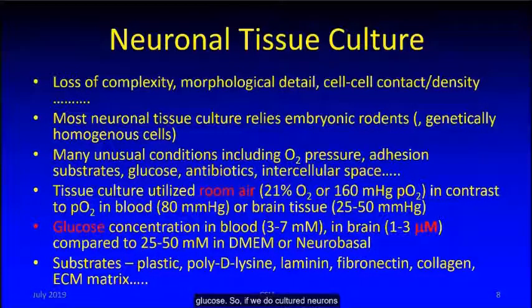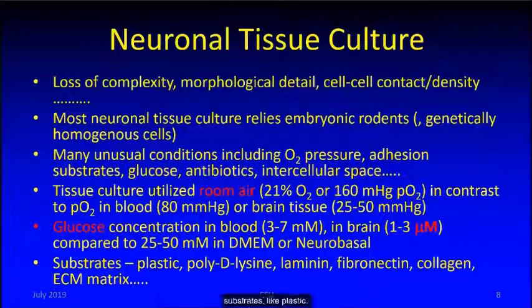So if we do cultured neuron experiments, we have somebody with a severe hyperglycemic shock combined with massive oxidative stress, and that is our basal condition. That's our control. So you wonder how compromised our results are.